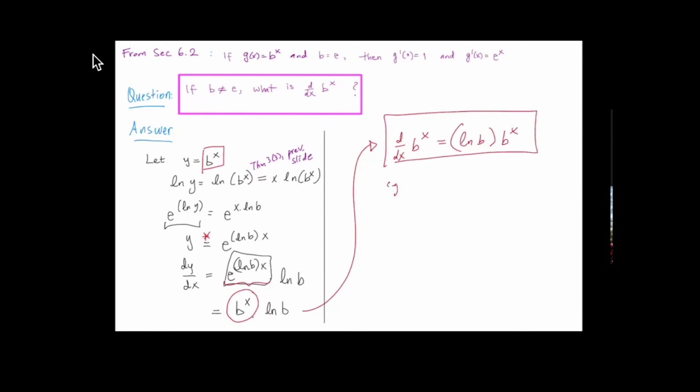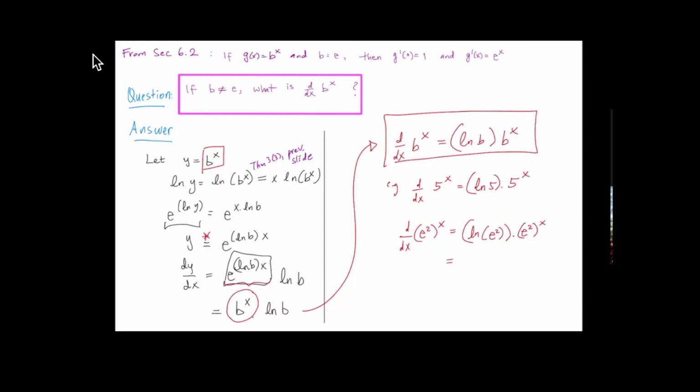So for example, if my b is 5, so I have 5 to the x, the derivative is natural log of 5 times 5 to the x. And if the base is, say, e squared, then again, using the formula, I have natural log of e squared times e squared to the x.